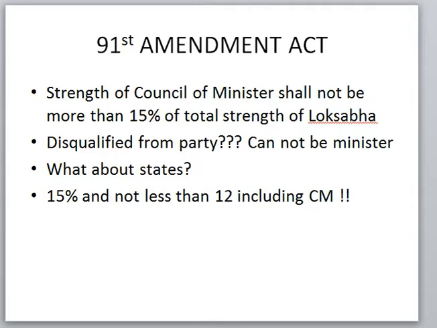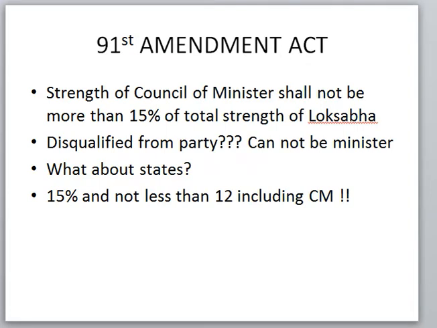State also has the same rule: the total number of ministers in the state government cannot exceed 15% of the total strength of the legislative assembly. If a particular assembly has 100 members, then the number of ministers in the state government should not exceed 15.